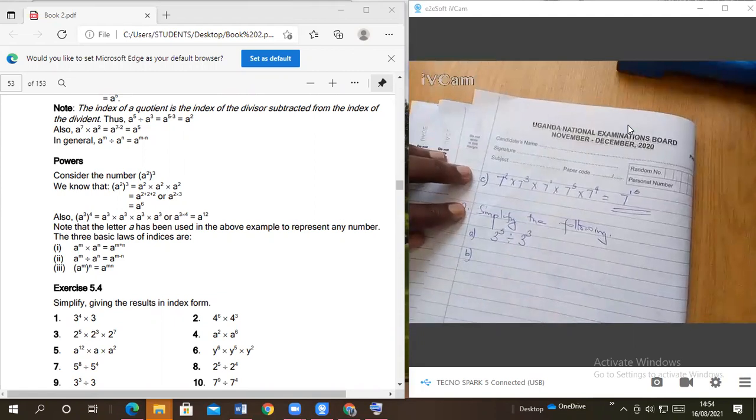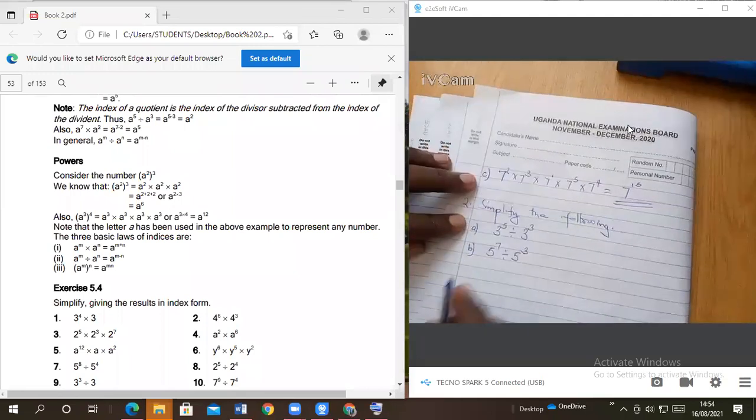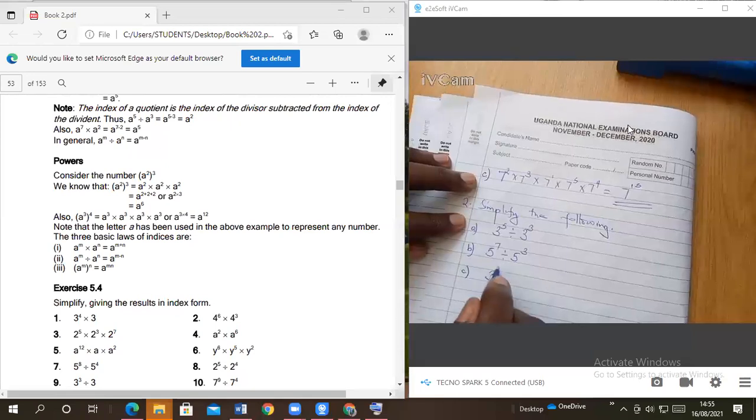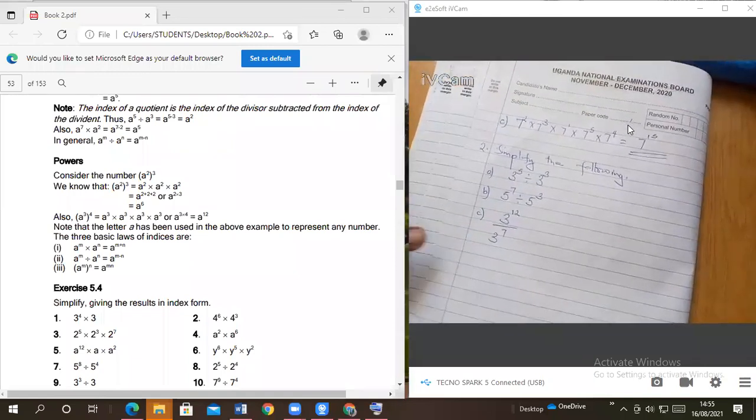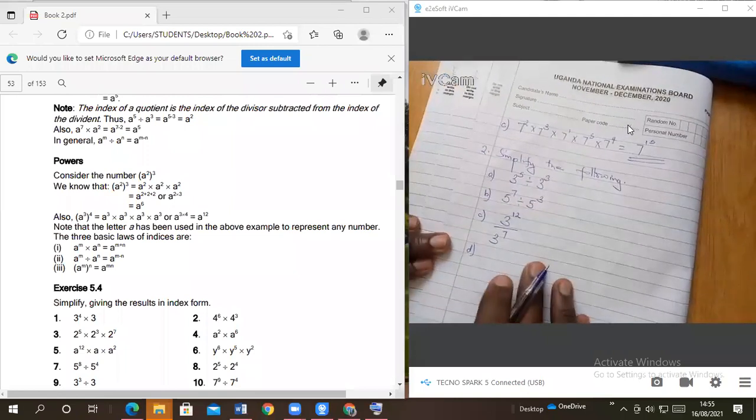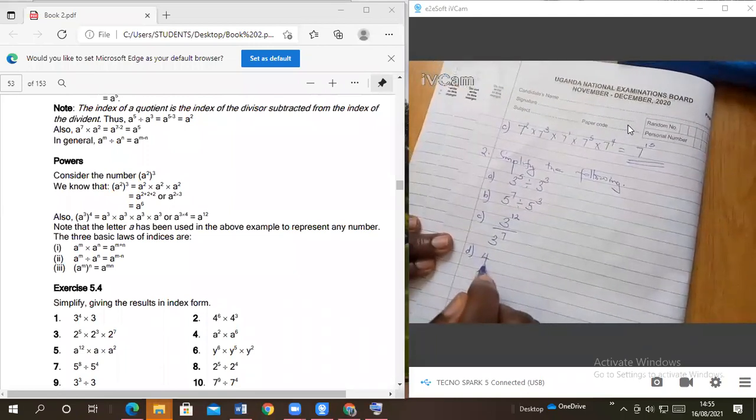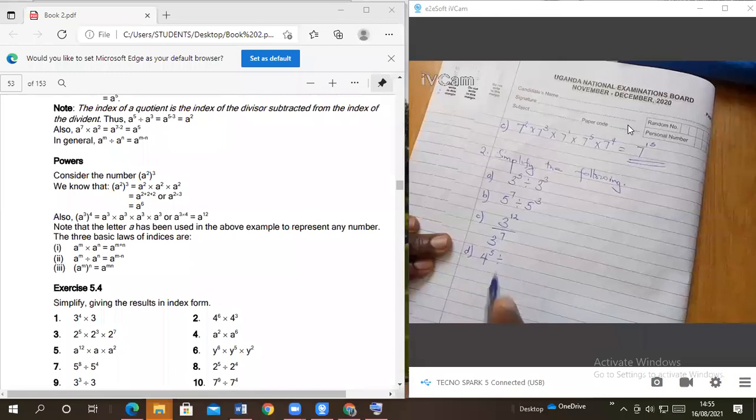B, 5 to the power 7 divided by 5 to the power 3. Then 3 to the power 12 divided by 3 to the power 7. Then D, I have 4 to the power 5 divided by 4 to the power 2.